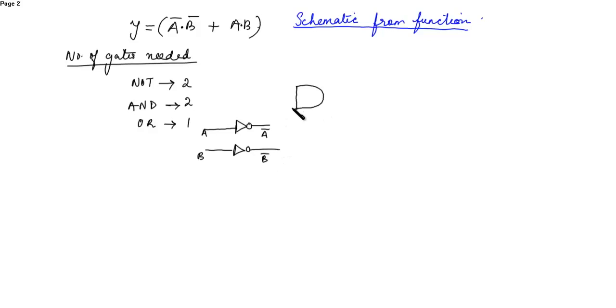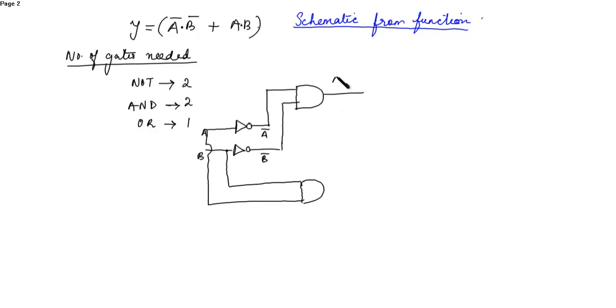So first will be A bar B bar, this is A bar, this is B bar. The next, this is A, this is B. Okay, so this is A bar dot B bar and this is A dot B.